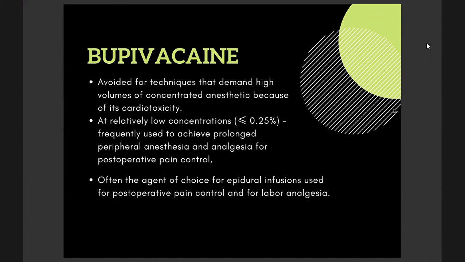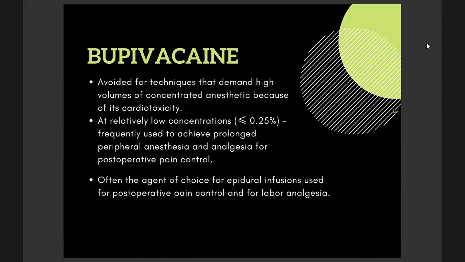So you have bupivacaine. Bupivacaine is one of the long-acting amide local anesthetics, avoided for techniques that demand high volumes of concentrated anesthetic because of its cardiotoxicity. Your bupivacaine is marketed as 0.25%, 0.5%, and before it had 0.75%.